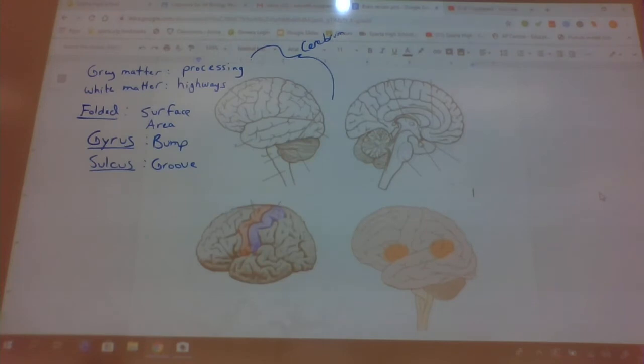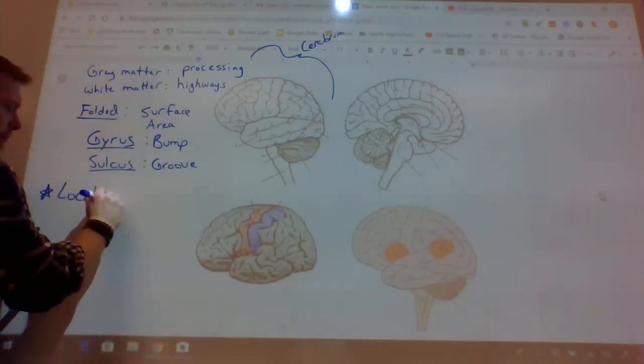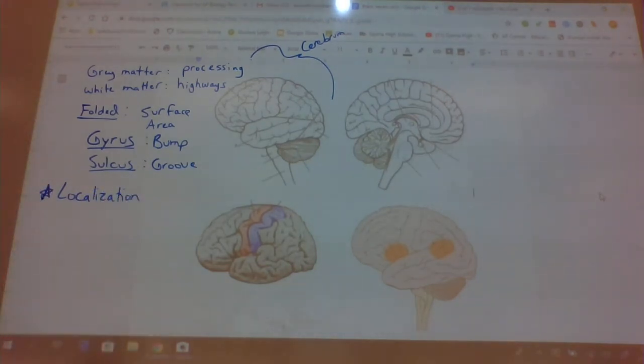So when we looked at the cerebrum, we studied the idea of localization. Localization is the idea that different parts of the brain are responsible for performing different functions.